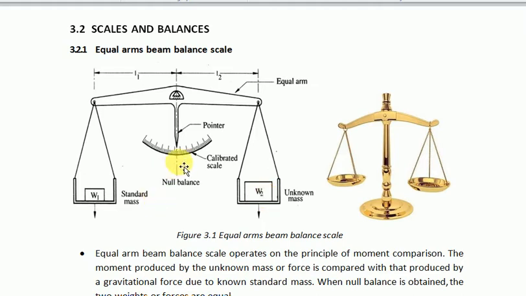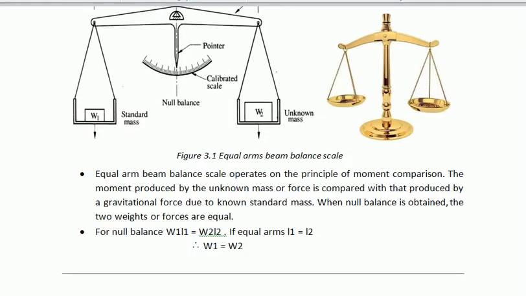By balancing this, we can find out the weight, and from the weight we can find out the force. Here W1 is equal to W2, the weights on both sides are balanced, and from that we can find out the force or the weight of a mass.